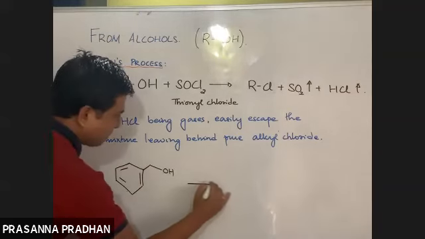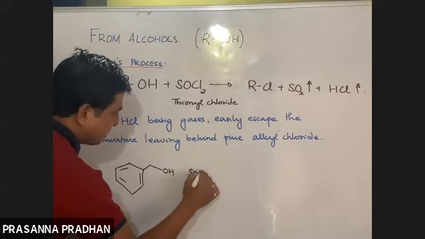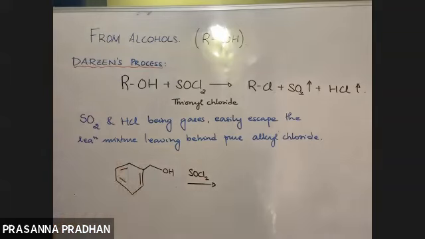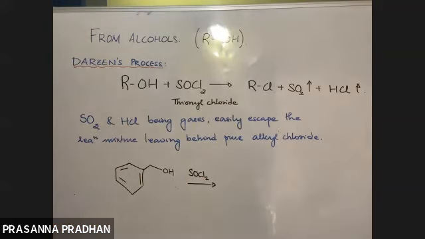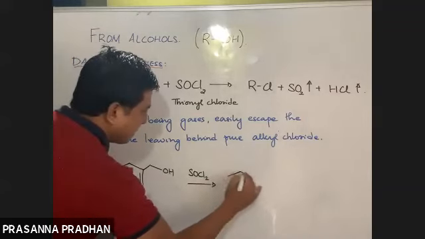What happens when you treat this with SOCl2? Yes, again the general reaction, we know what is the reaction. Any alcohol treated with thionyl chloride, the OH group gets substituted by Cl. So here also we just need to replace this OH by Cl.